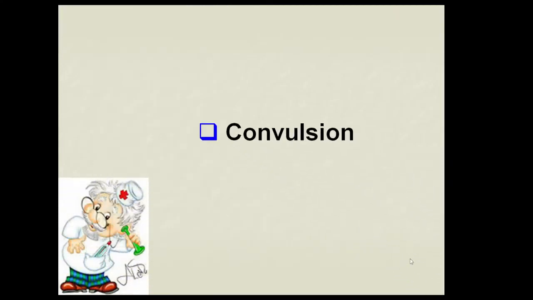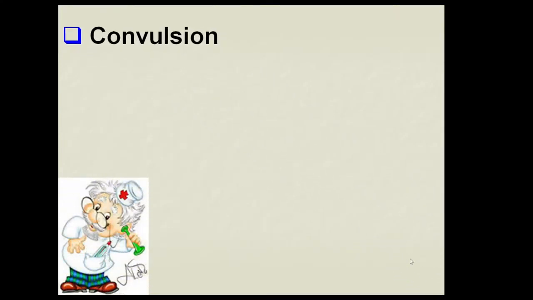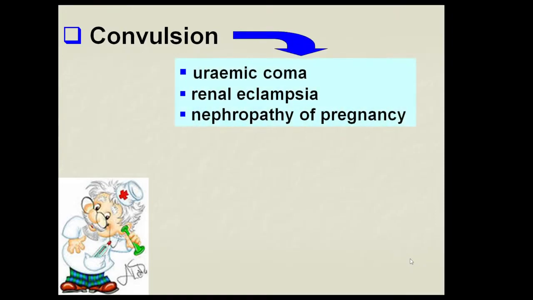The skin of the patient is also rich with visible signs. Sometimes we can see convulsions. They appear in the patient with uremic coma due to disordered mineral metabolism.